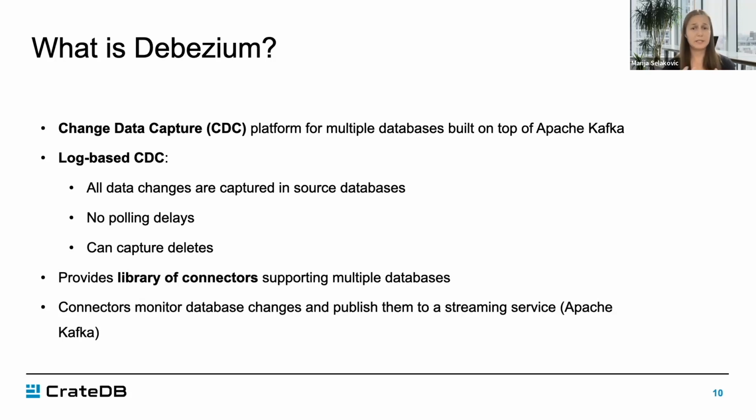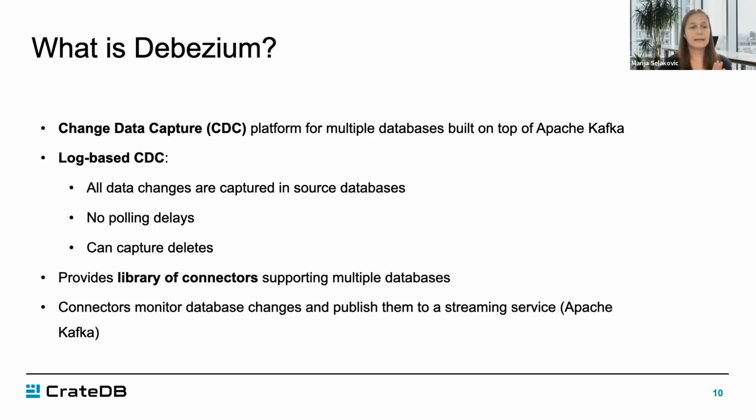It's built on top of Apache Kafka, and it implements the change data capture mechanism using logs. What does it mean? It means first that it captures all changes, including deletes. That's something that some similar tools are not able to do, and there are no polling delays. So essentially, when the change occurs, it's captured and it's available for replication on a destination database. We will see how the architecture looks in a couple of minutes.